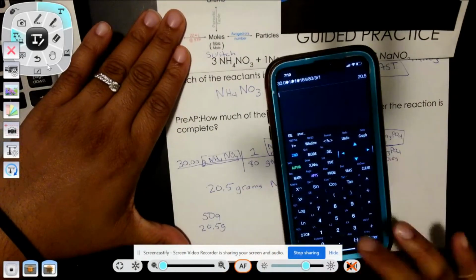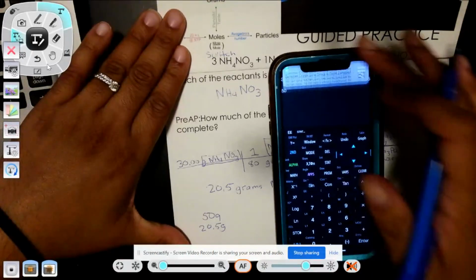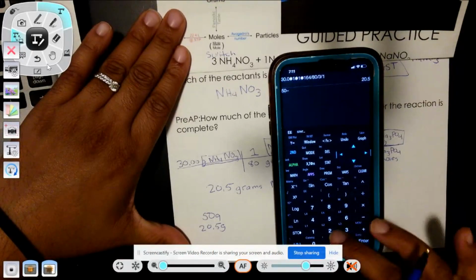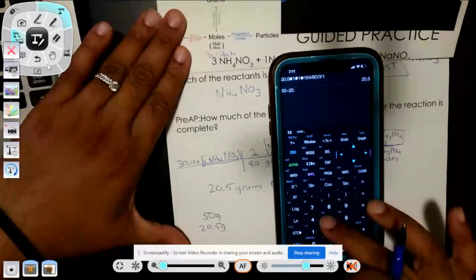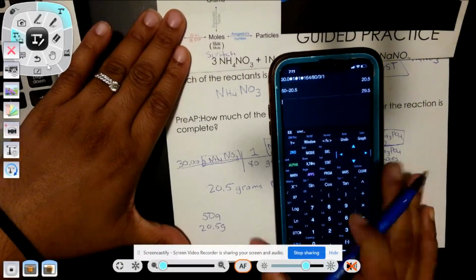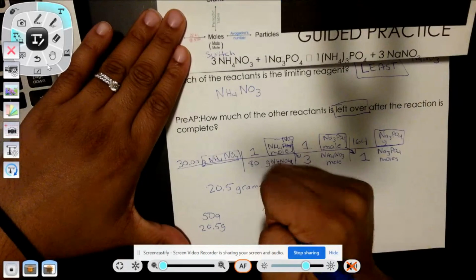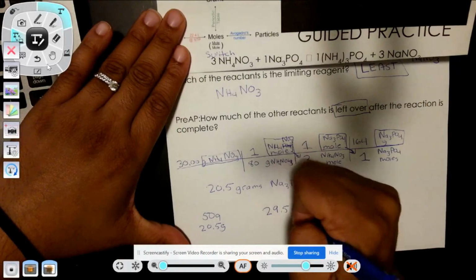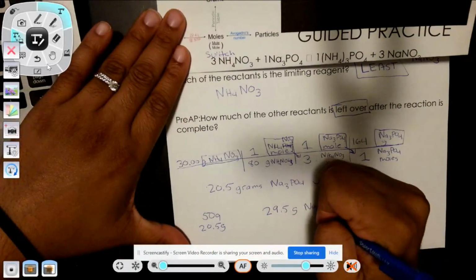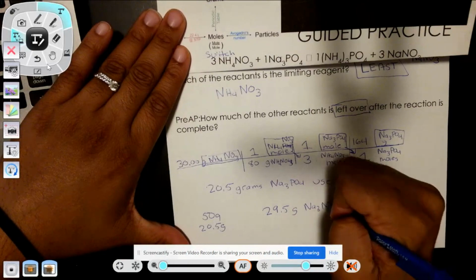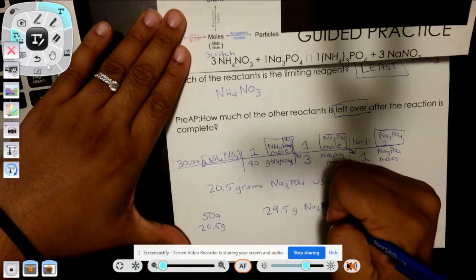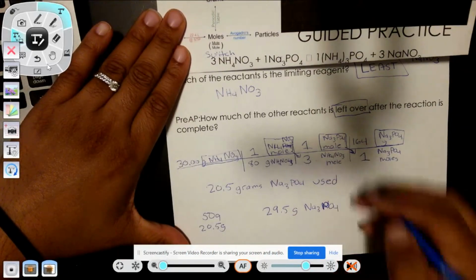We're going to put that in our calculator: 50 minus 20.5 gives us 29.5 grams. So 29.5 grams of sodium phosphate were left over.